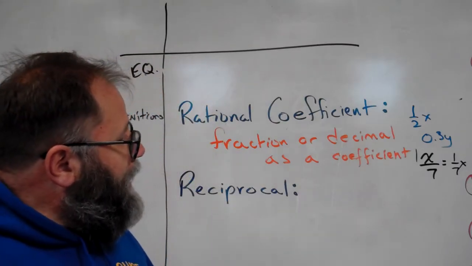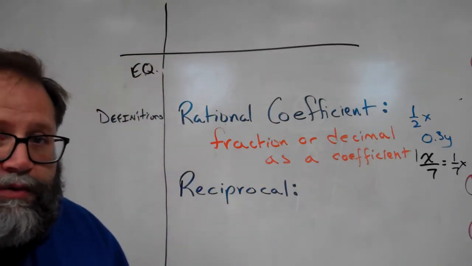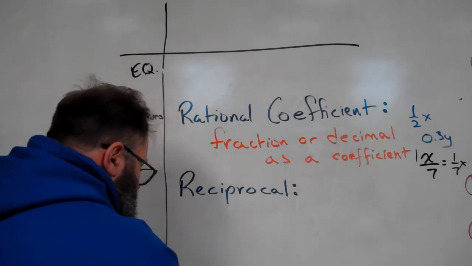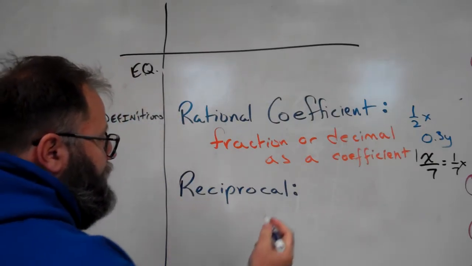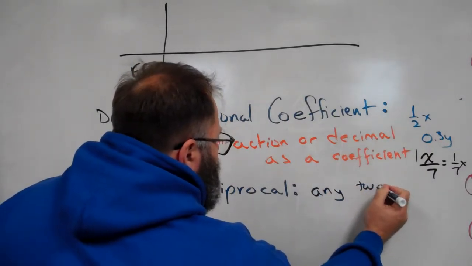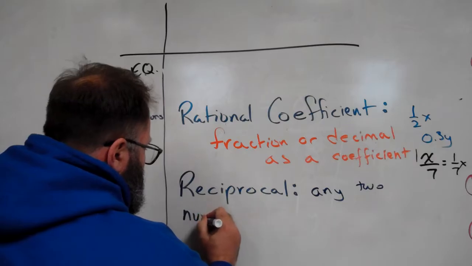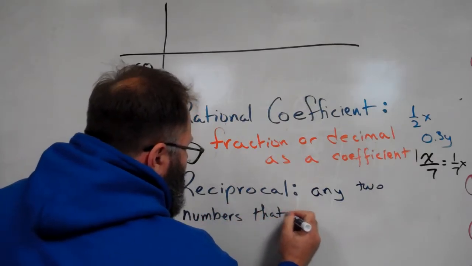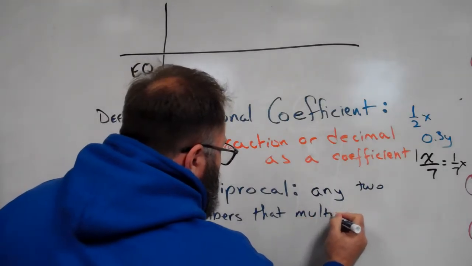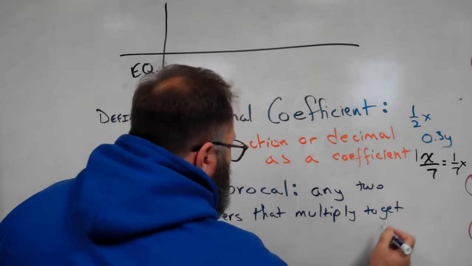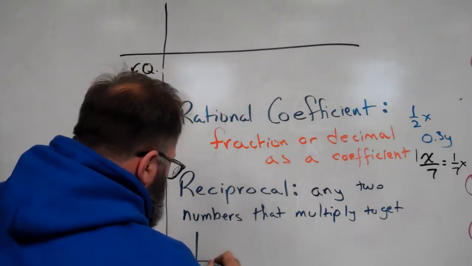Okay. Then the next part is reciprocal. Now reciprocal we teach in 6th grade, and just a reminder, so reciprocal is any two numbers that multiply to get 1.